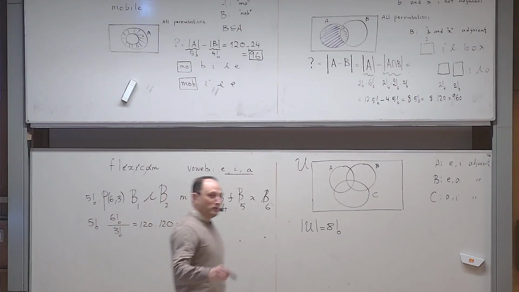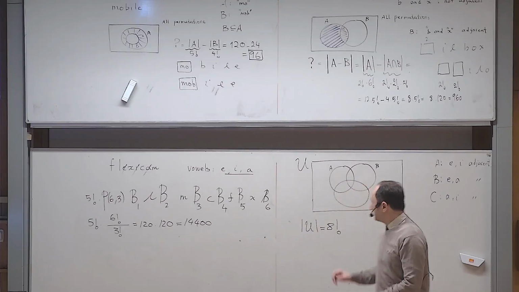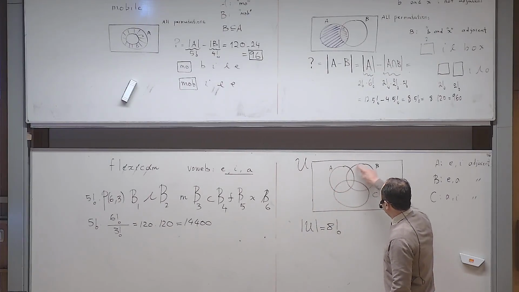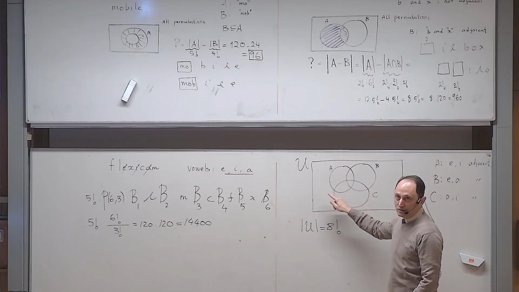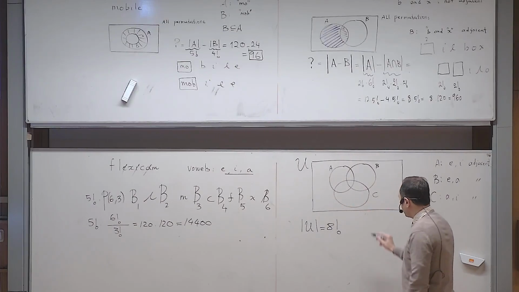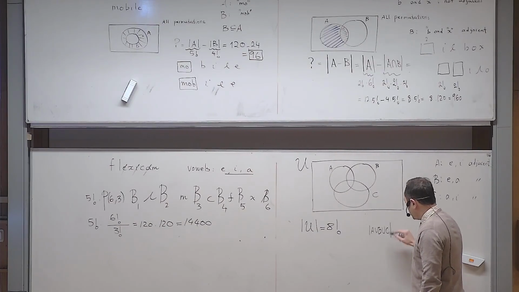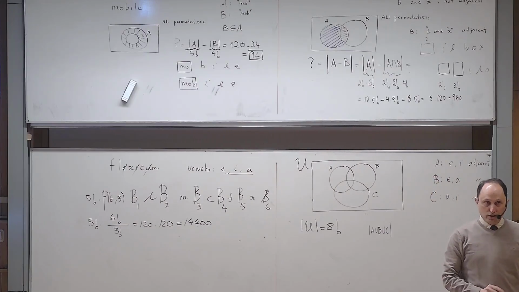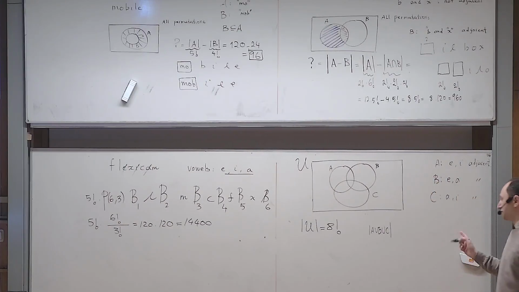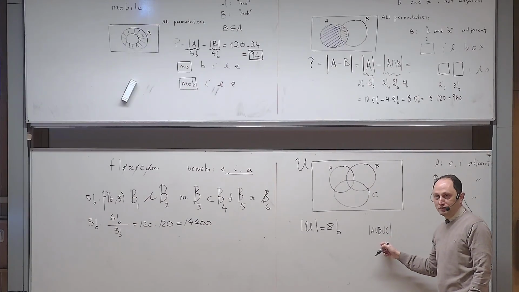But do you remember we had something in set theory? If I want to count the number of elements within these circles, this means that I am interested in the cardinality of the union of all those sets. I don't know how many of you remember, we had a formula for this.